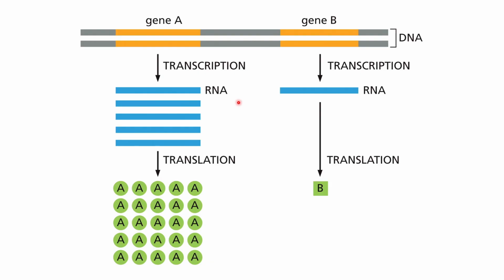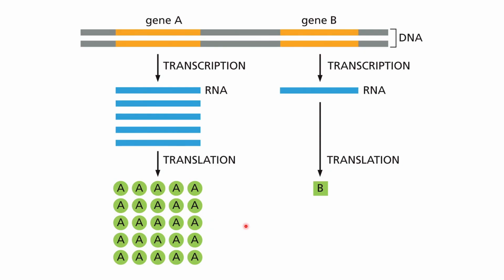But just know, depending on what the gene is, either we want to create a lot of that gene, we really want to express that gene, which is this path A right here, where we're going to create a whole ton of RNAs, and then all those RNAs are also going to aid in the creation of that specific protein. Or we just need it for one or two things, but we don't really need it fully.